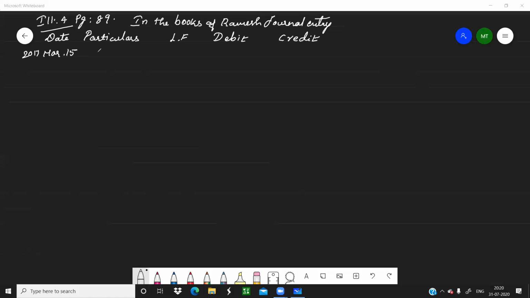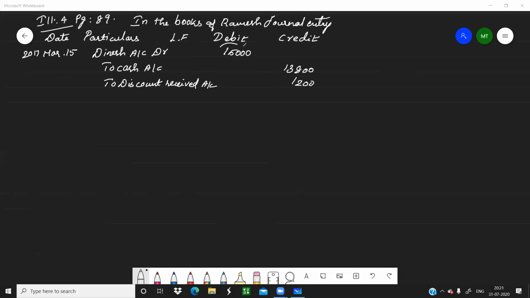So Dinesh account debit to cash account, to discount received account. Okay, that's all. So the debit is rupees 15,000. Then 13,800 cash credit. Then 1,200 is discount.